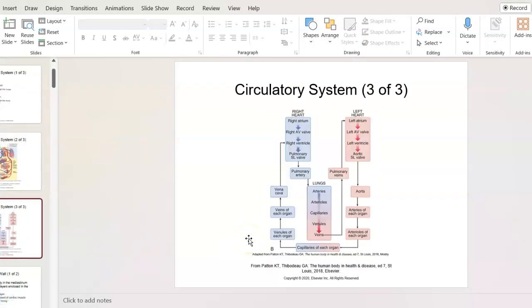Here's a circulatory system broken down into right and left. I think that is helpful. The other thing that I like to do with my students is to draw the heart as a grid. And this would be the right atrium.